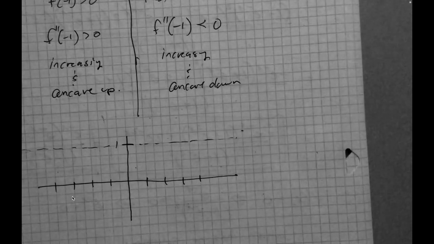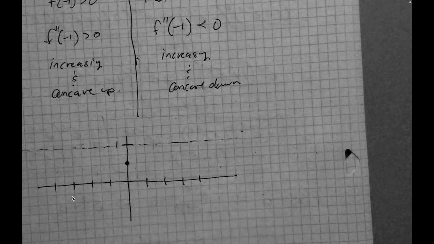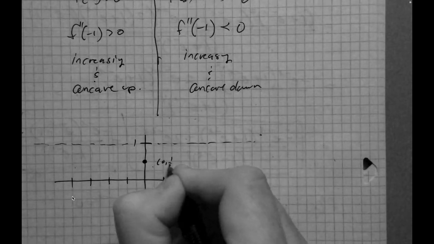The function had a y-intercept. Where was the y-intercept on this? It was at 0, 1/2, right? So right about here. Okay, the function goes through there. We'll label it 0, 1/2.